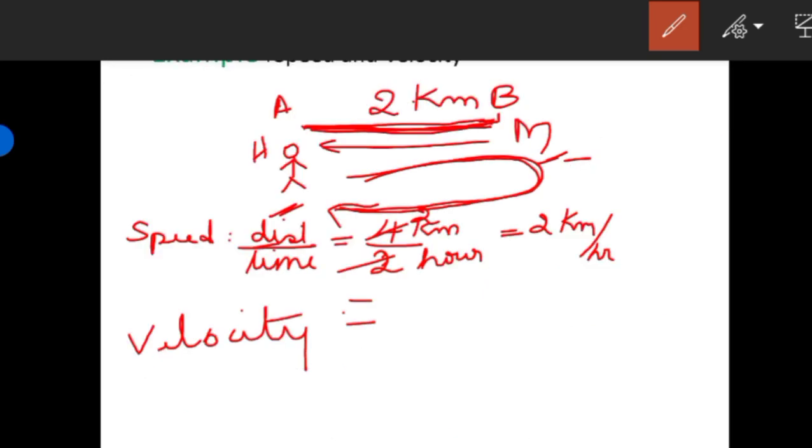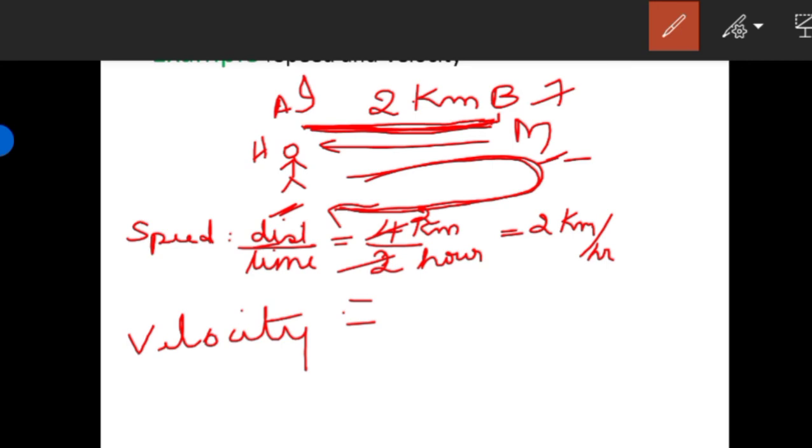Now we will see how to calculate velocity. Here we take 2 cases. In the first case, suppose the boy starts from his house and reaches McDonald's. What will be the velocity of that boy? The initial position is his house and the final position is McDonald's.